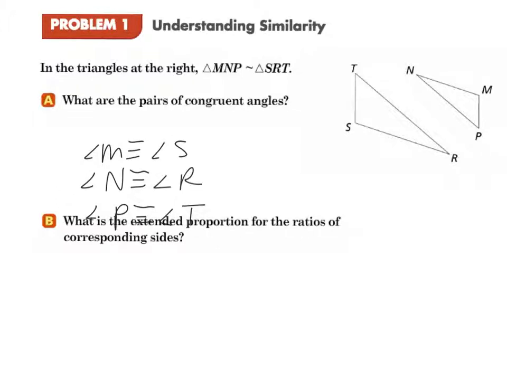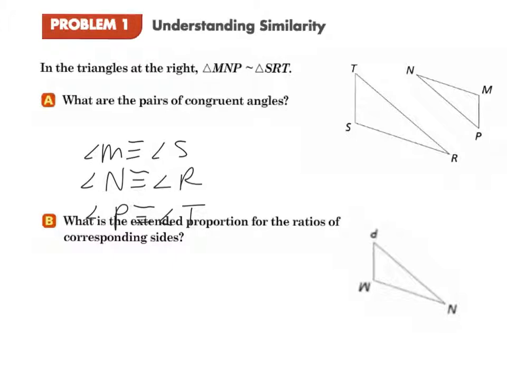Part B says, what is the extended proportion for the ratios of corresponding sides? I'm actually going to make a copy of this picture. And what I did is I flipped it and turned it so that it would match up with the other triangle, so that the two are lined up. That will make it a lot easier to write the proportion for the sides.